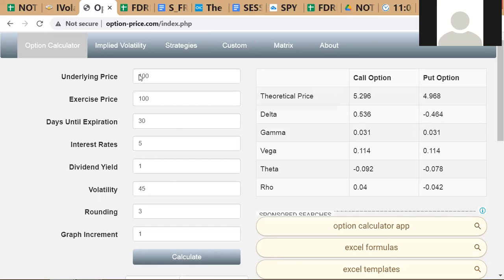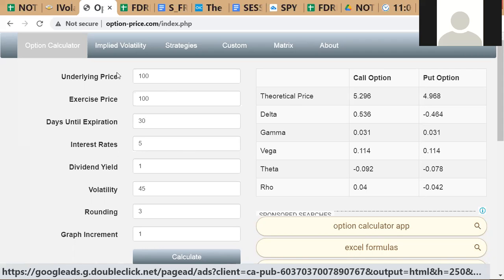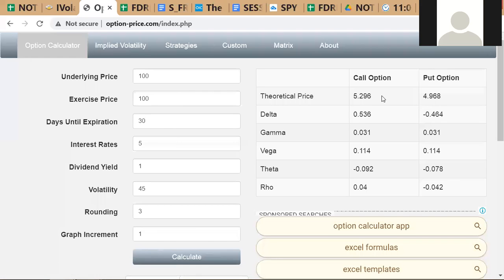Because you can see from your OVM that, because these all are clear cut, okay, that with these inputs, if your vol estimate is 45, these are, remember, these are percentage, okay, these are per annum percentage figures, just like an interest rate kind of figure. But obviously vol is not an interest rate, but it is expressed in the same way. So you can say that the vol estimate implied by the market price is 45, because if these are the inputs, then this should be the output according to the OVM.